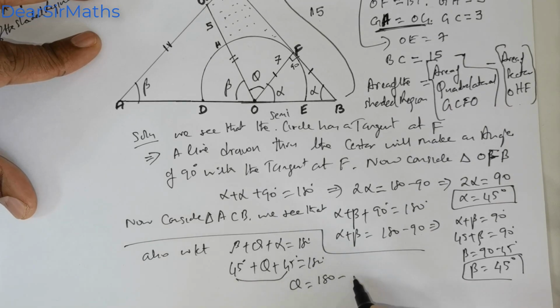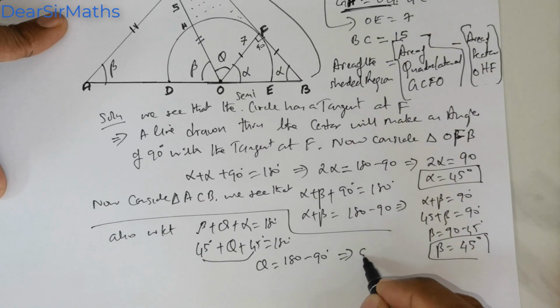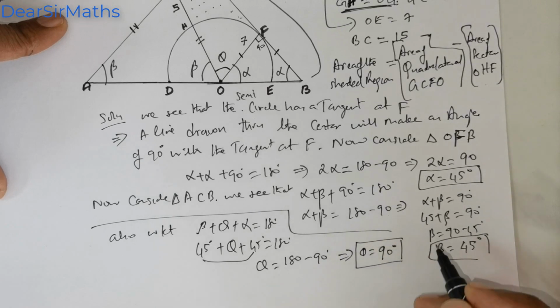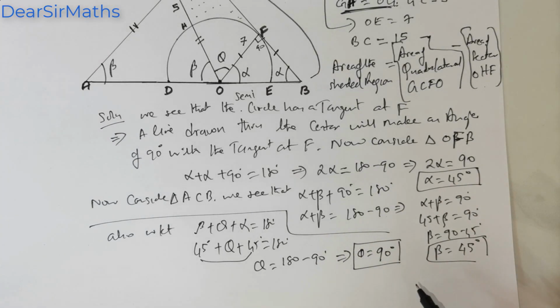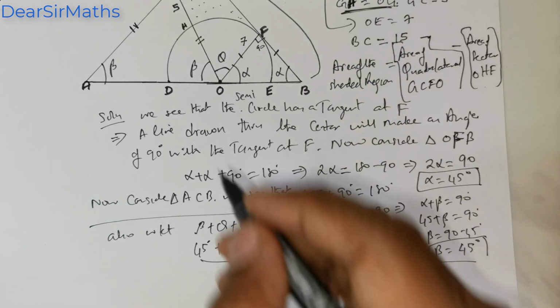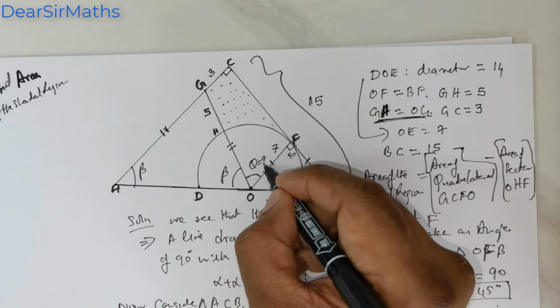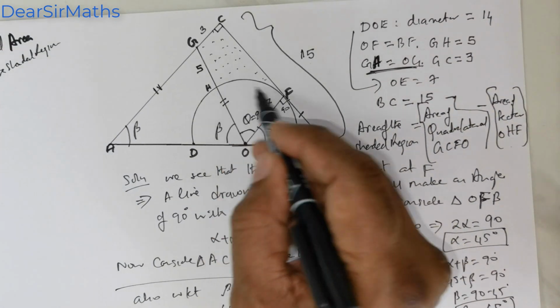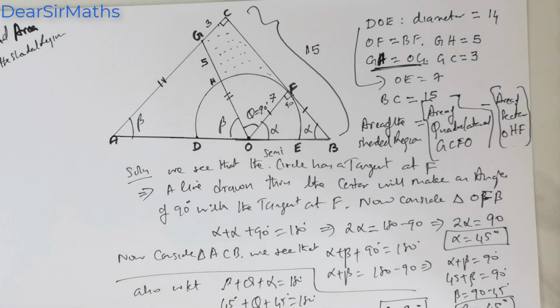So theta is 180 minus 90, which means the angle theta is making an angle of 90 degrees. So there is a 90 degree angle there. Okay, so we have got the value of theta. Now why did we need that value of theta? Because we want to find the area of the sector, right? And it becomes important for us to get the value of the area of the sector.